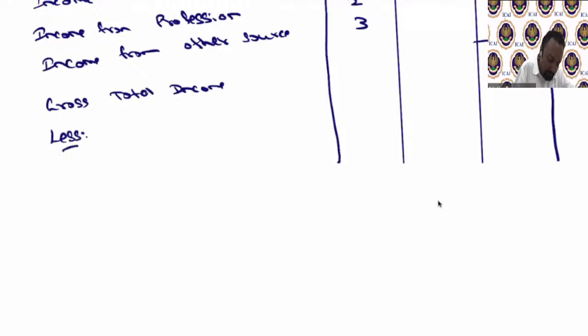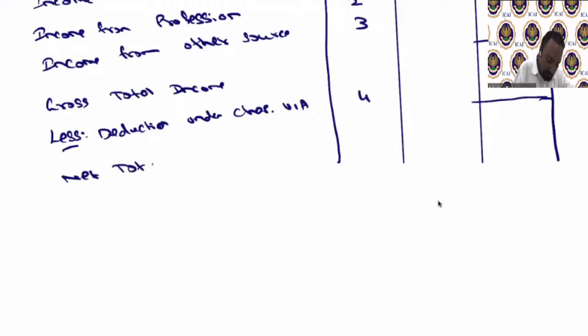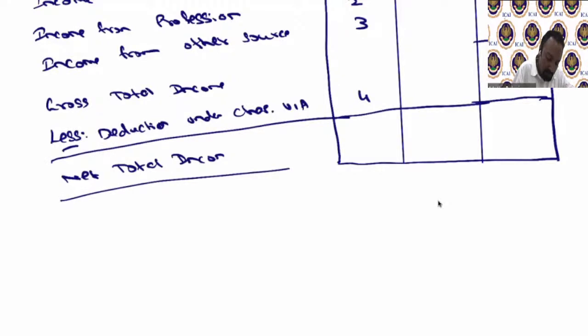less deduction under chapter 6A. So this will be 4. So with that, I get my net total income, correct? So this will be my net total income, right?